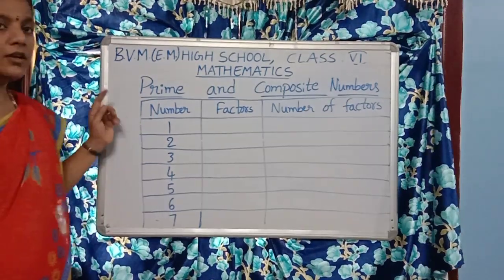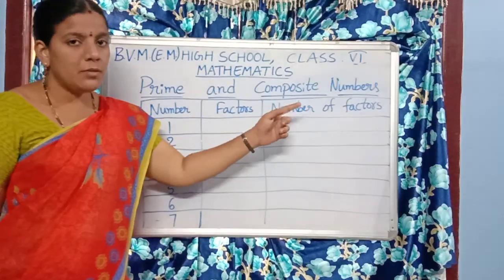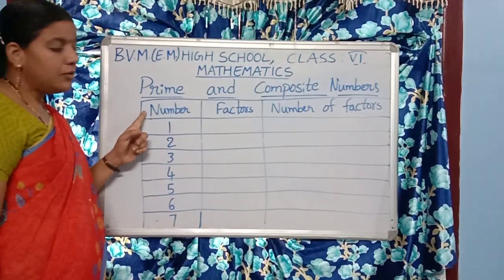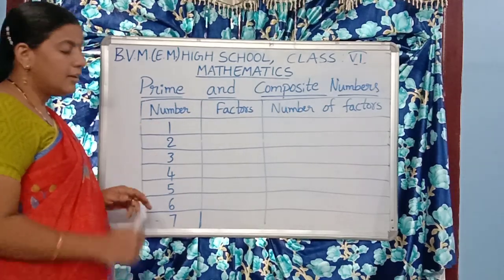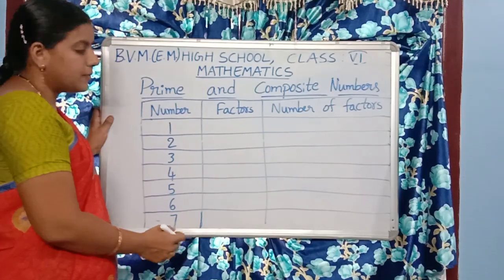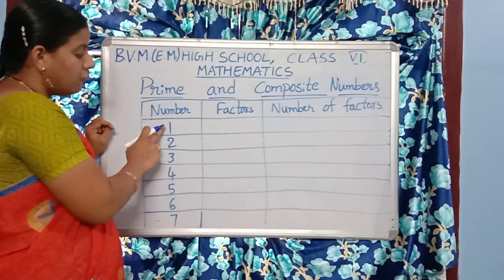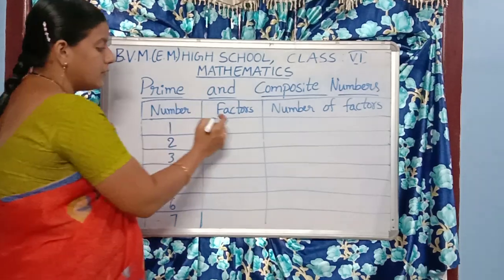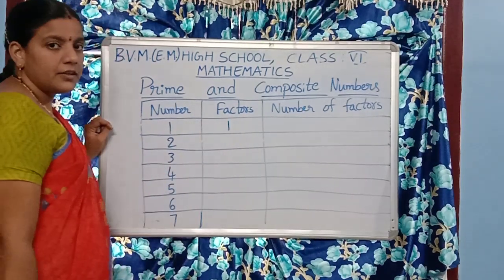Our next topic: prime and composite numbers. Look, children, first we take the numbers, find the factors and count the number of factors. First, 1. For 1, what are the factors? 1 is a factor.